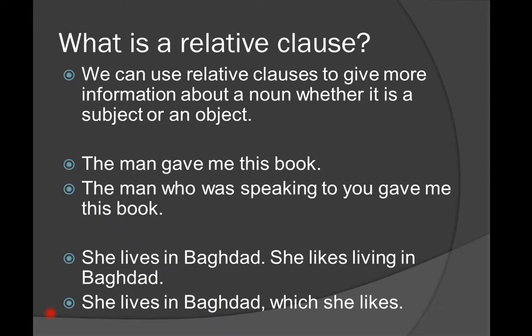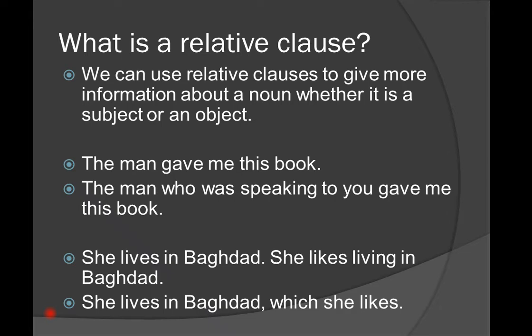What is a relative clause? We said that we can use relative clauses to give more information about a noun, whether it is a subject or an object. For example, the man gave me this book, and I can add a relative clause and say, the man who was speaking to you gave me this book.